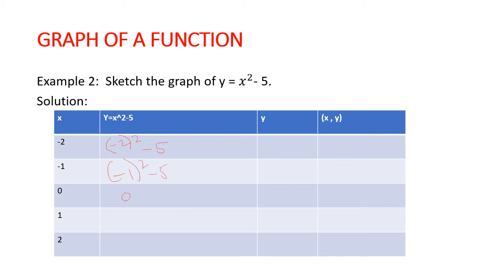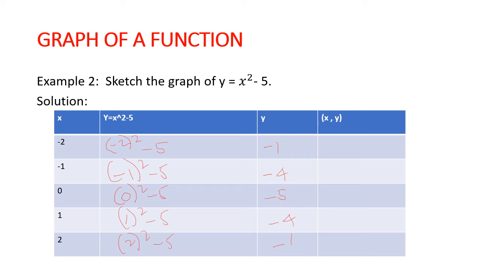This one is 0 squared minus 5. 1 squared minus 5. 2 squared minus 5. So the values would be minus 1, minus 4, minus 5, minus 4, minus 1.